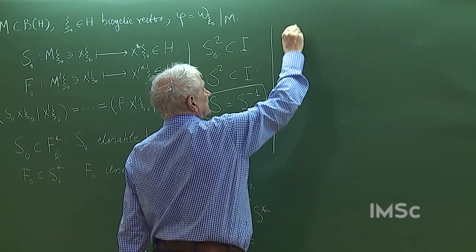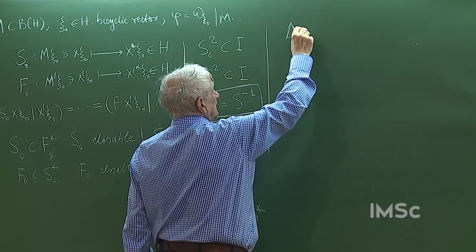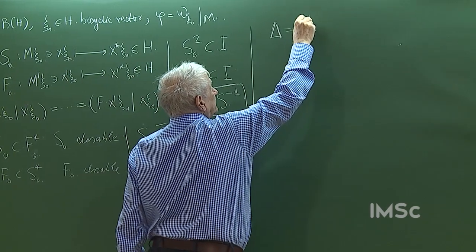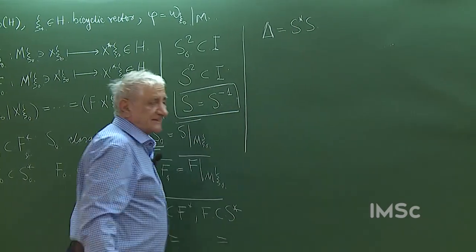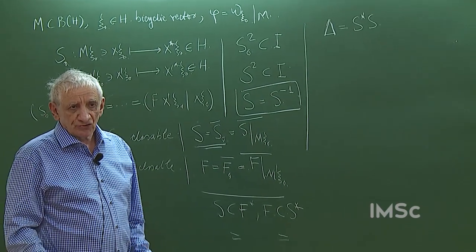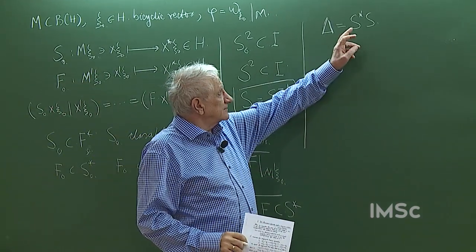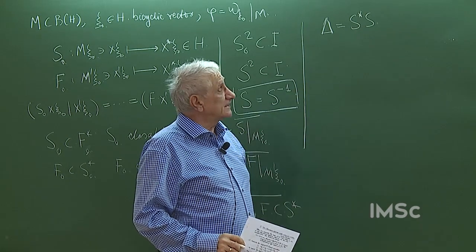Consider also the operator Δ, which is S*S. This is a linear operator, not a conjugate linear operator, because it is twice conjugate linear here.